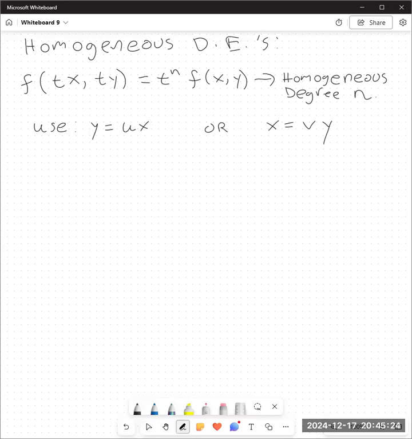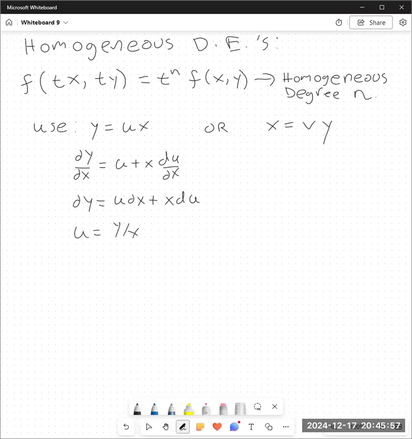And so if we have this substitution, that means that dy/dx is going to be u plus x du/dx because of the chain rule, or dy is equal to u dx plus x du. And when we come back and make our substitution for u at the end of the problem, u is going to be y over x.